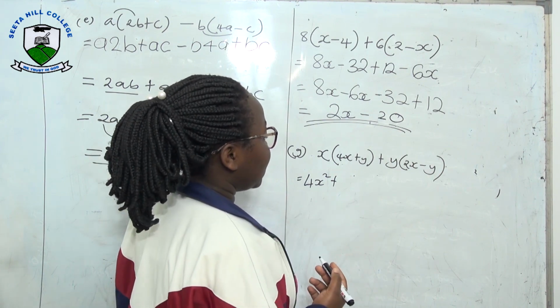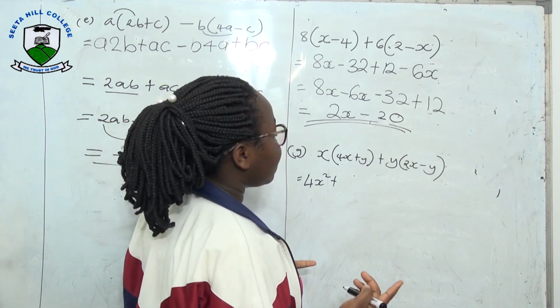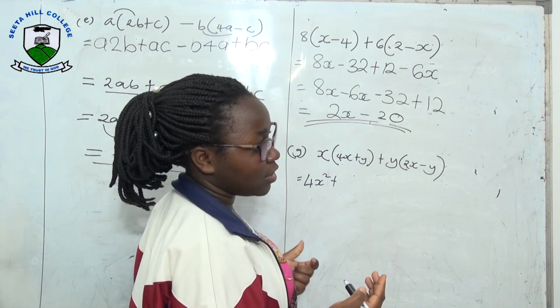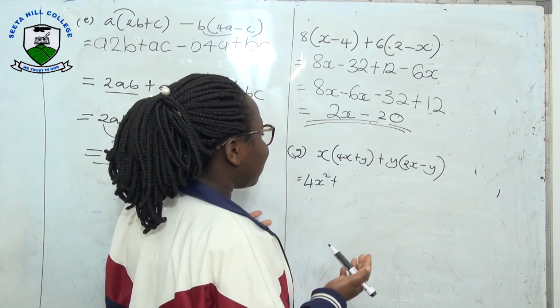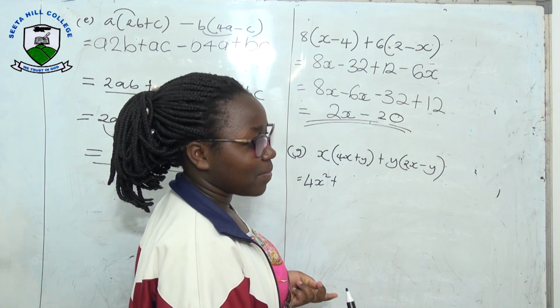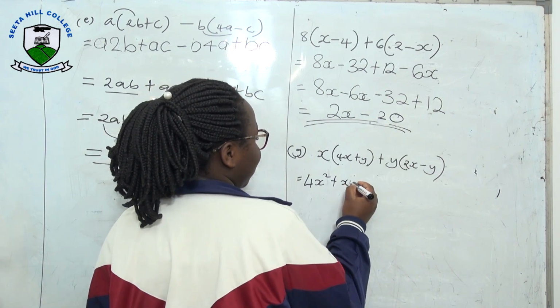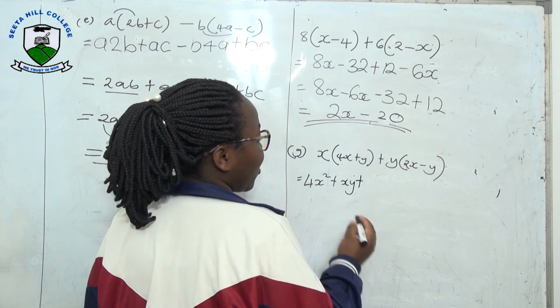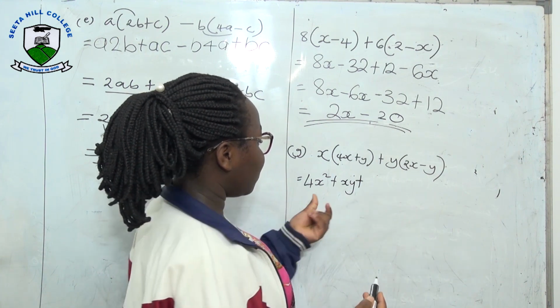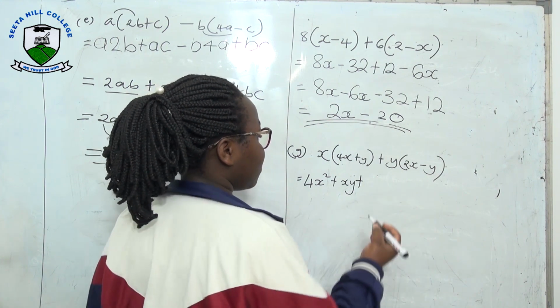Since you're multiplying 2 different letters, you'll have to bring about the alphabetical order. X and y, which one comes first? So it will be xy, plus y times 2x. It will still bring about this alphabetical order.